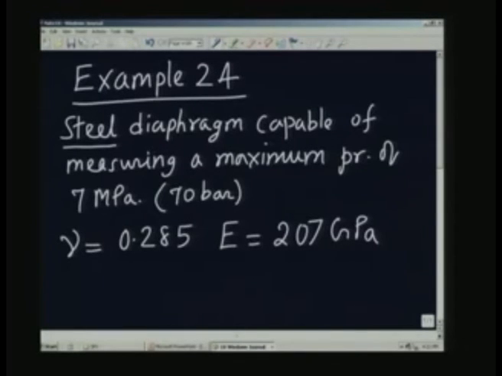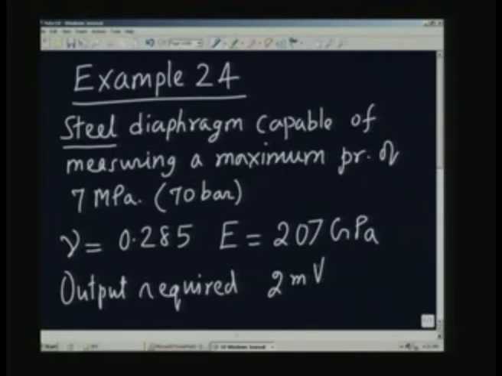So, the idea is to find out what should be the size of the diaphragm. If we are going to assume that the output required, this is the design requirement, is 2 millivolts per volt. This is the performance required at this particular pressure, 7 megapascals.